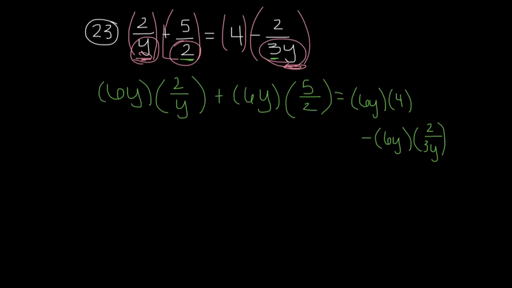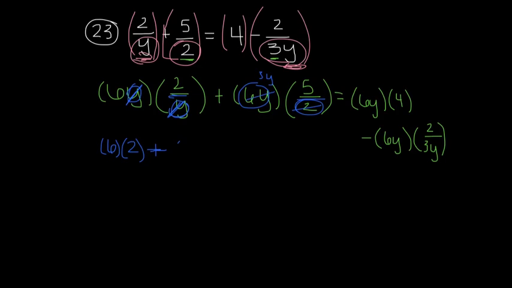So, if I take a look at this, y divided by y. My y's cancel out. The 6 just stays a 6, so this gives me 6 times 2 plus 6y divided by 2 just gives me 3y.